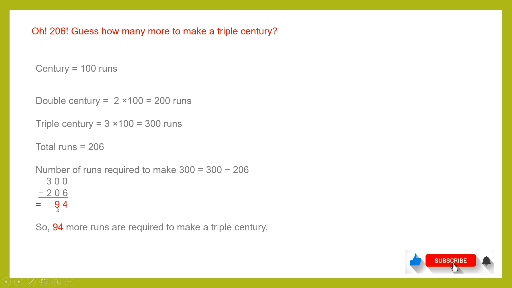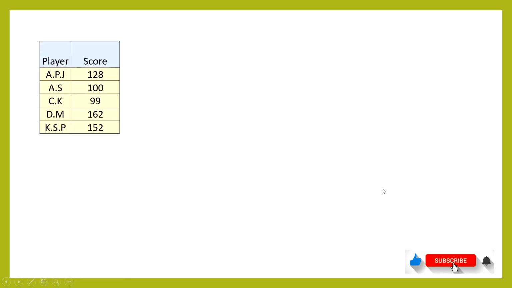Here it is 9, 9 is kept as it is, here it is 2, so 2 minus 2 is nothing, so we get 94. So through this problem we can find out the gap between two numbers. To find out the gap, we need to subtract the smaller number from the bigger number. So that's how you can find out the gap.